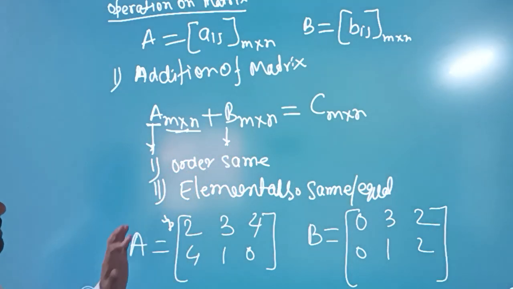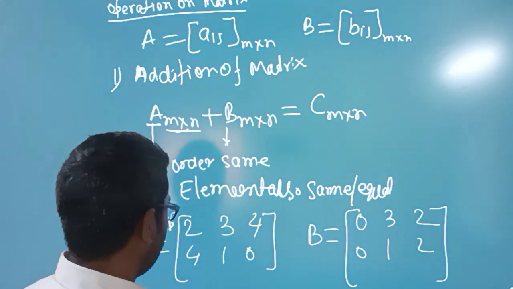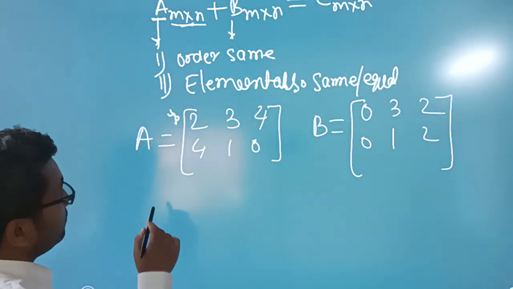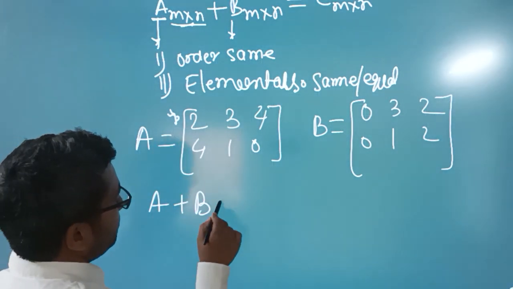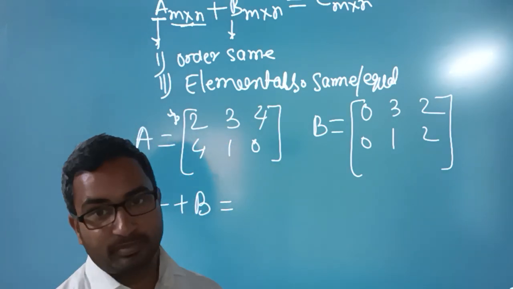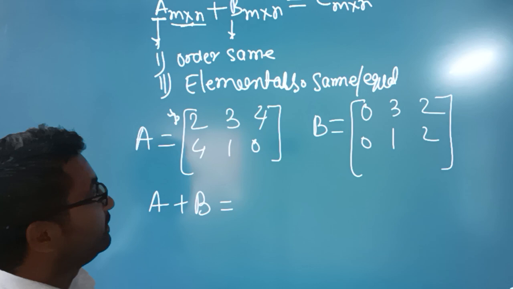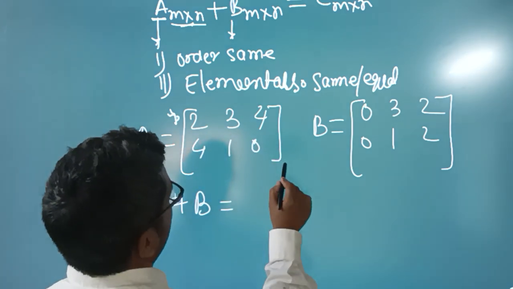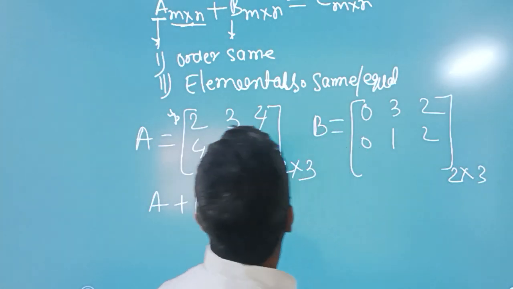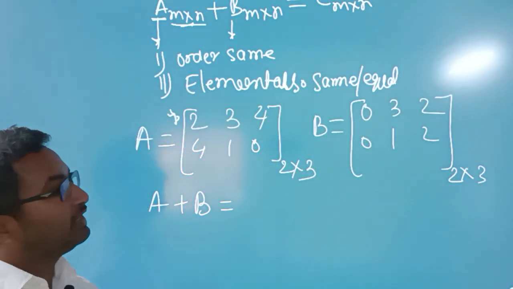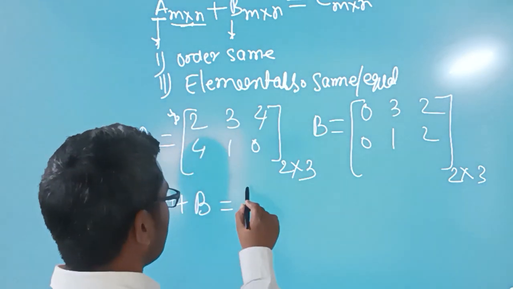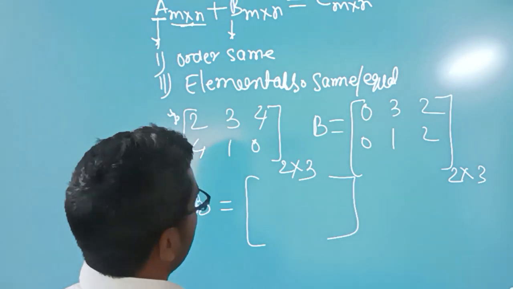I want to find the sum A plus B. First we check whether the order of both matrices is the same or not. This is 2 cross 3, and this is 2 cross 3. The order is the same, so this operation can be applied and we can solve this question.